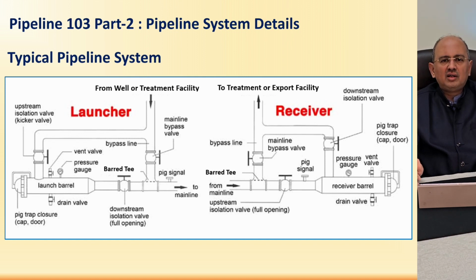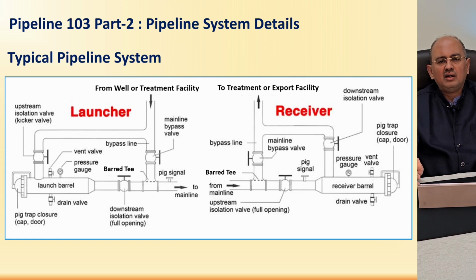So all these elements should be capable of withstanding the internal pressure involved in that pipeline, which we normally consider as the design pressure, with all the possible required margins and factors of safety. All these elements should be designed for that design pressure.